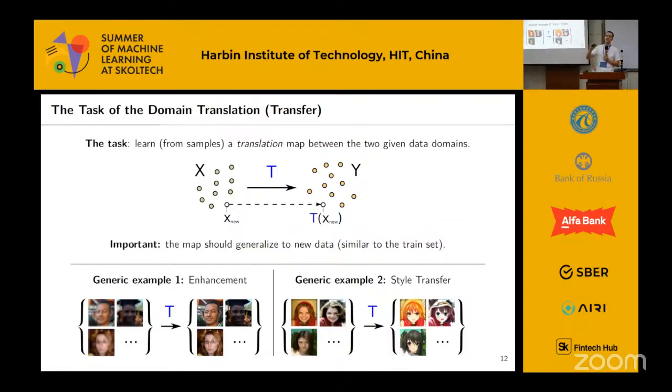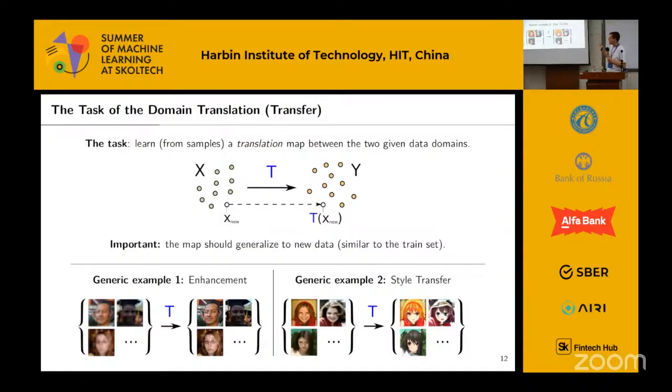Domain translation problems differ from classical generative modeling problems because we usually have two samples of data. These are assumed to be a sample of data from one domain and a sample of data from another domain. The goal is to construct a model which will be able to translate data from one domain to the other domain. And there are a great many such generative modeling problems.